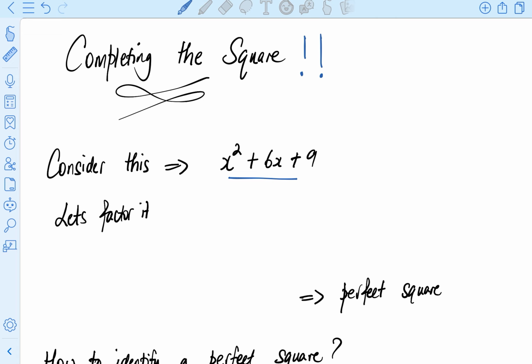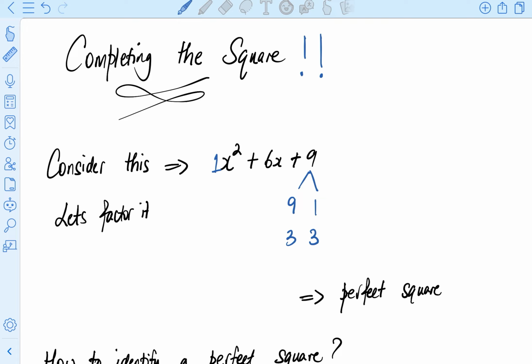Consider this quadratic expression, x squared plus 6x plus 9. Let's factor it. As we did previously, a is equal to 1, b is equal to 6, and c is equal to 9. Because a is equal to 1, we can do the simple factorization where we find two numbers that multiply to give us 9 and add to give us 6.